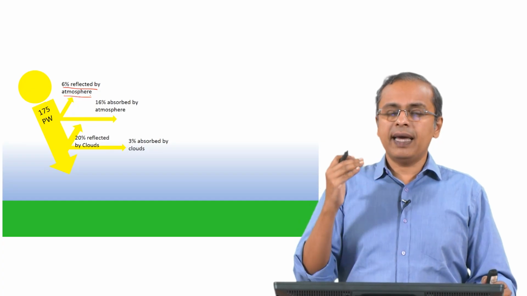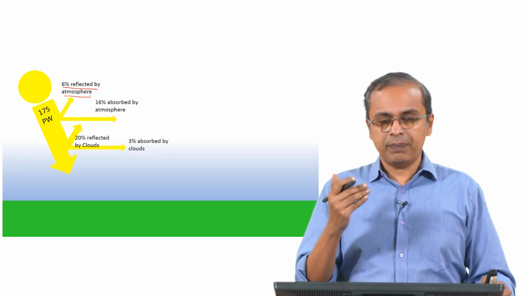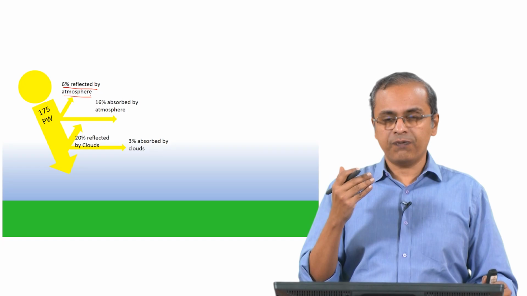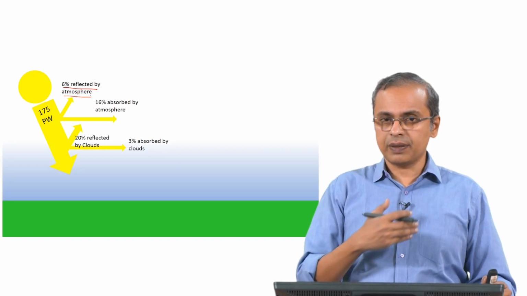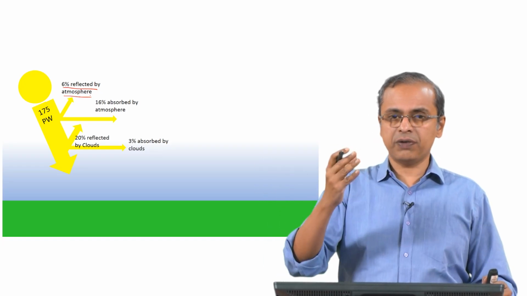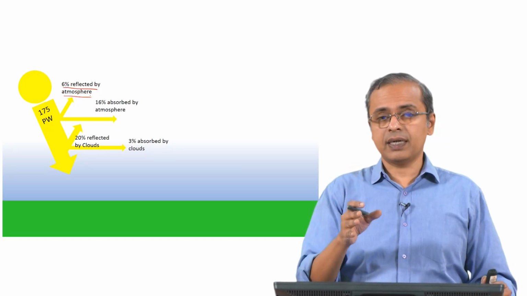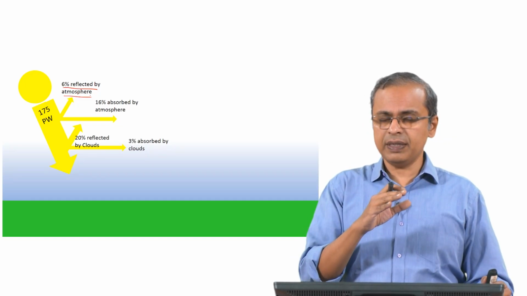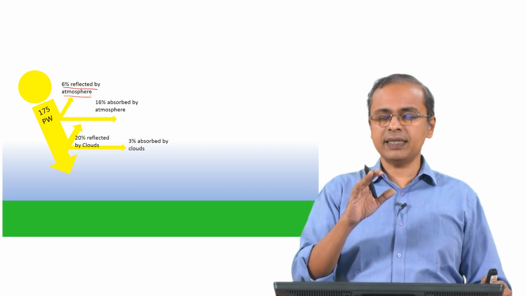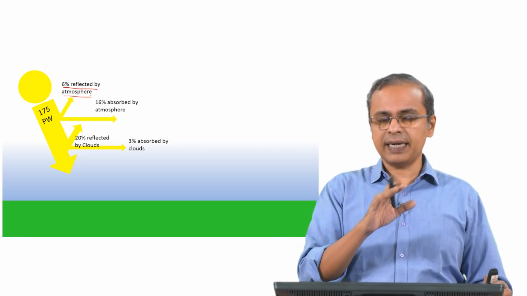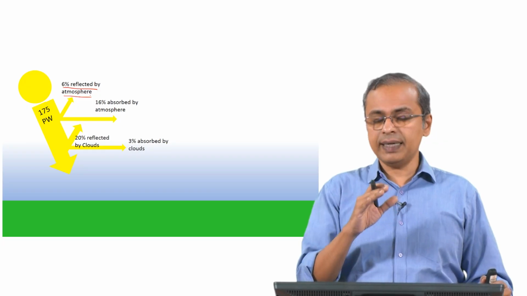If you ever travel by flight and you are flying over a layer of clouds, you cross the layer of clouds, you are just above the layer of clouds and you are flying. If you look out and you see the clouds, it is quite glaring. The sunlight that reflects off the clouds is quite glaring and quite blinding, and it can affect your eyes quite a bit.